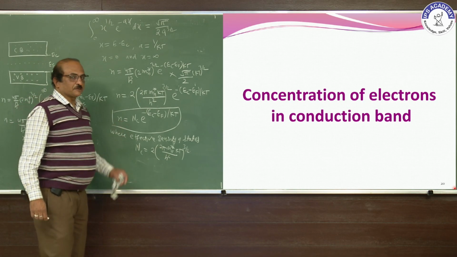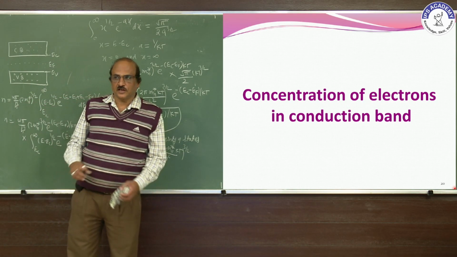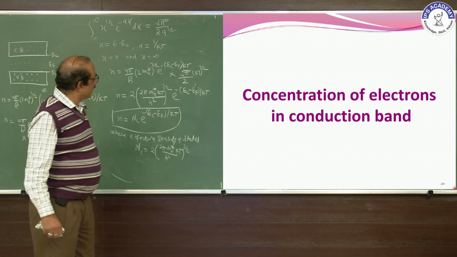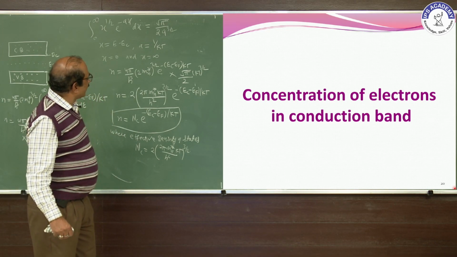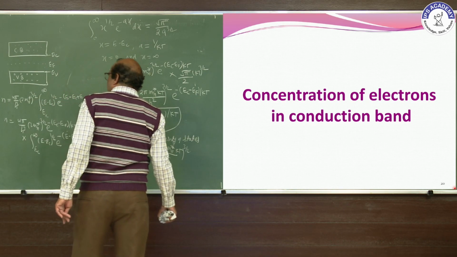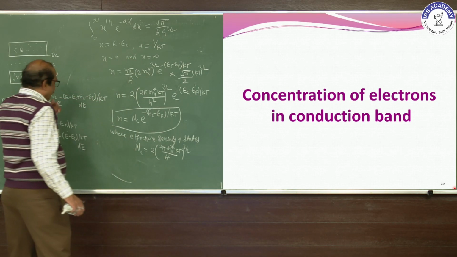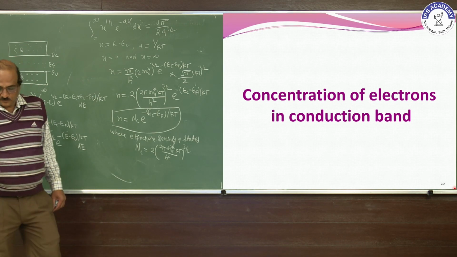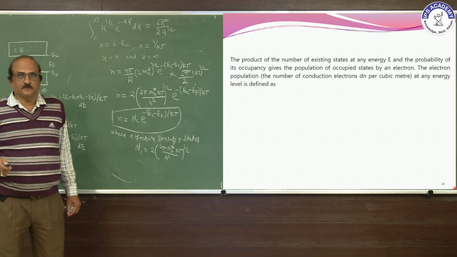So that is our expression for the concentration of electrons in the conduction band. Now we can also derive the concentration of holes in the valence band.